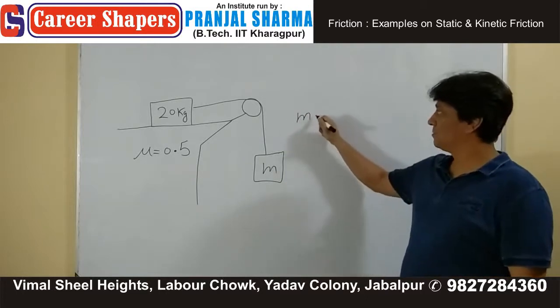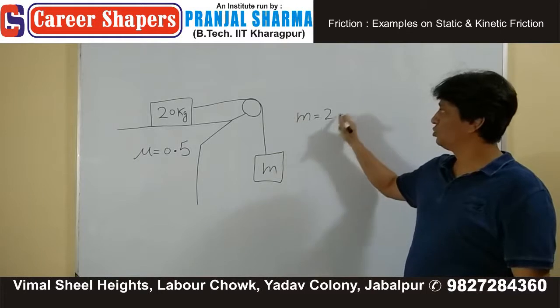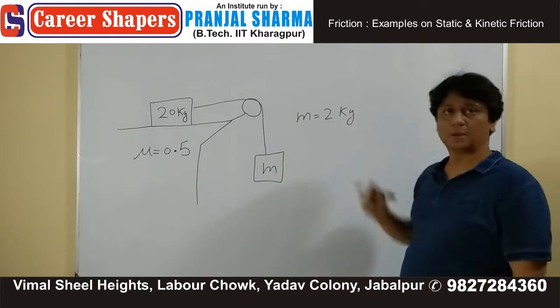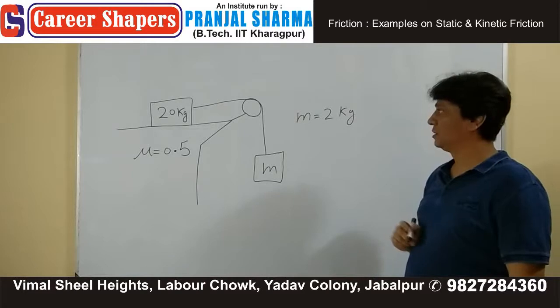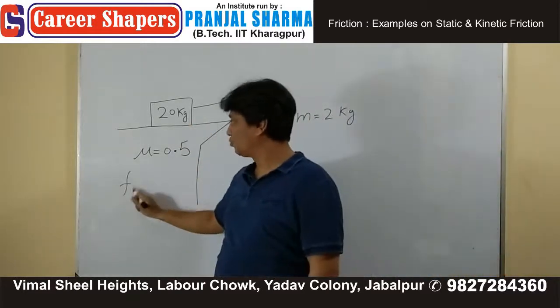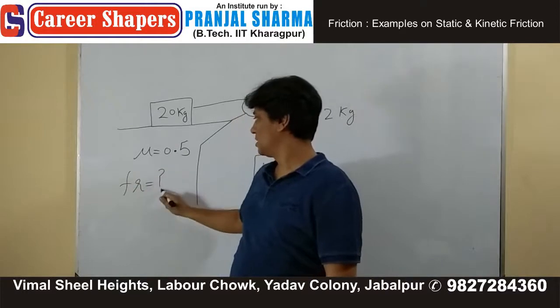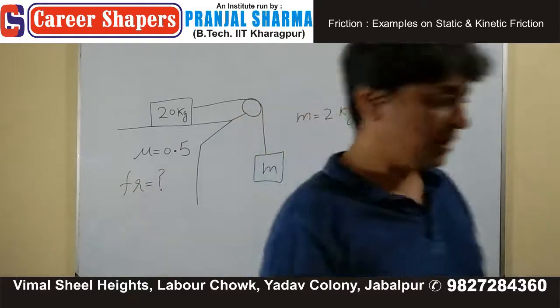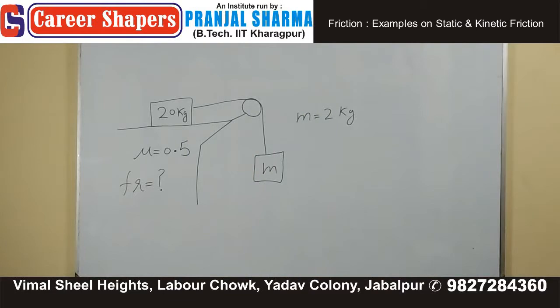When M is 2 kg, find out friction acting on the 20 kg block. In just 10 seconds, you can answer this question. But take your time, I'm giving you 30 seconds.